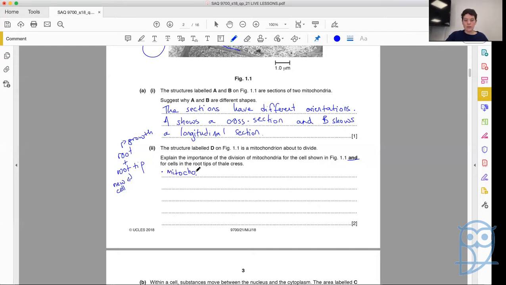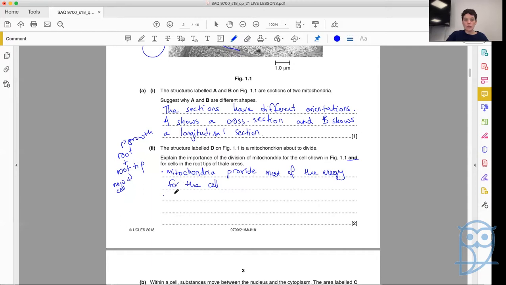So mitochondria provide most of the energy. Remember, we do get some energy from anaerobic respiration, but the vast majority is coming from aerobic respiration in our mitochondria.